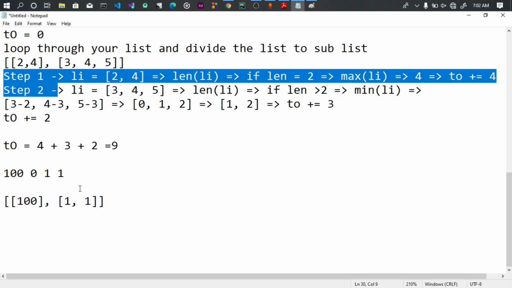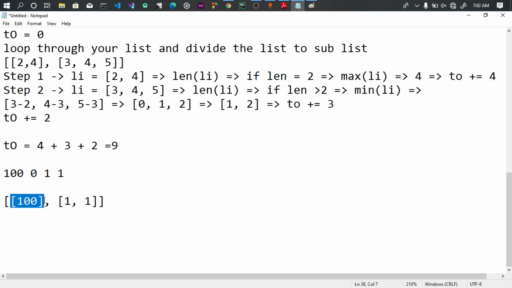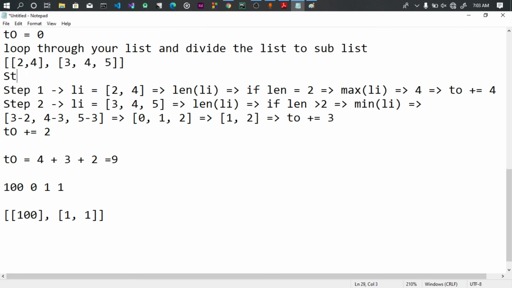But something to have at the back of your mind is that if the length of that list is equal to 1, just add whatever value you have inside that list to your total. So let's just include one more step here. Let's just name it step 0, following the indexing of computers or programs. So for step 0, what we're going to do is look at the list.